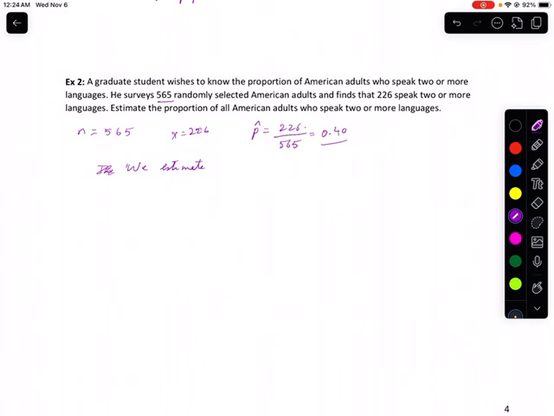We estimate that the proportion, or that 40% of American adults can speak 2 or more languages. So that's it.